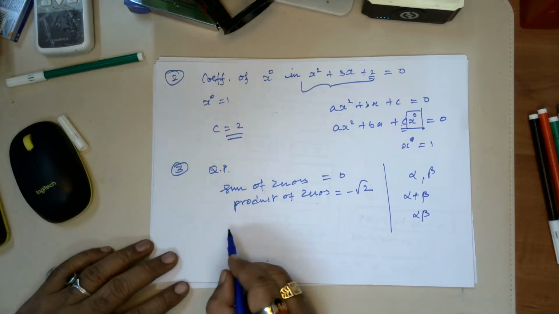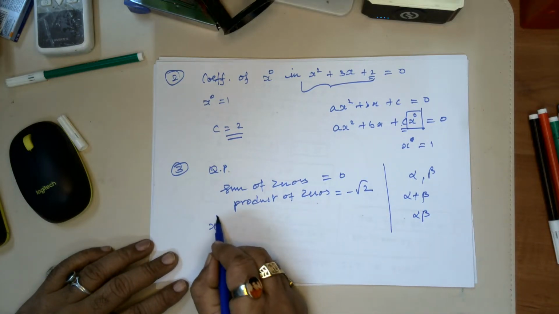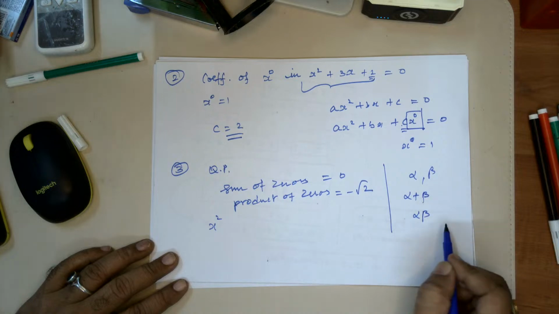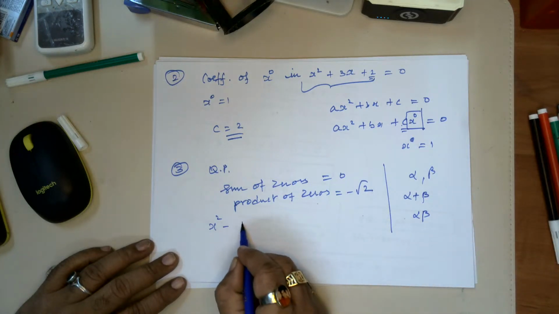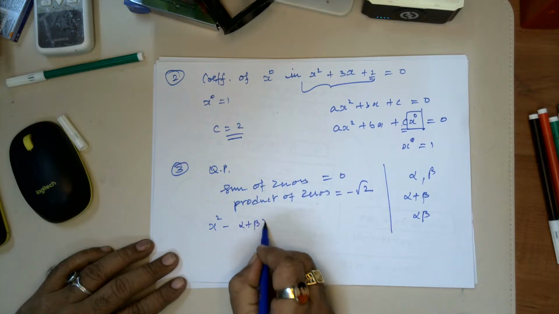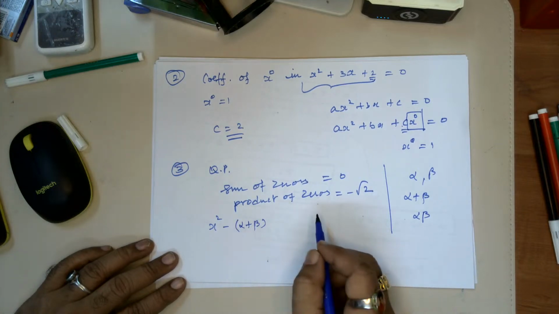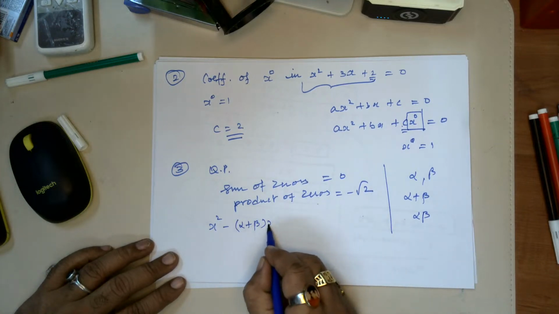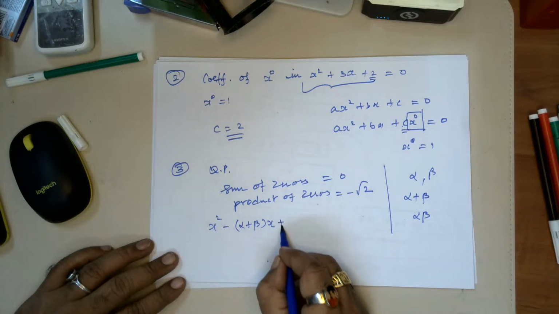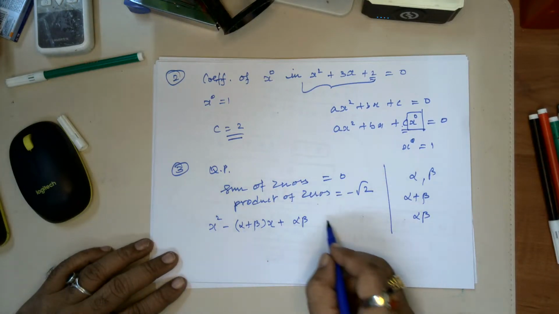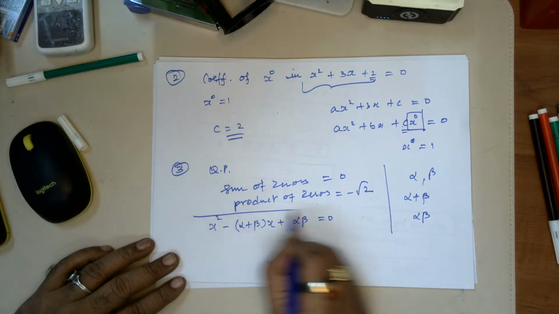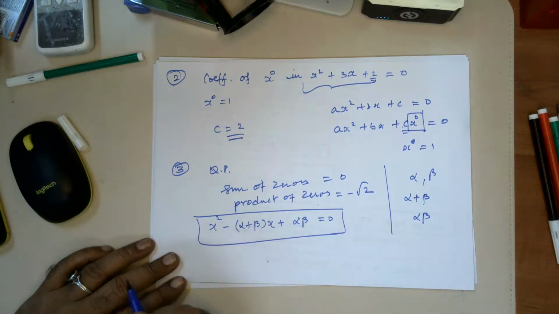So the general format of the quadratic equation based on alpha plus beta and alpha beta is x squared minus (alpha plus beta, that is the sum of zeros) x plus product of zeros, that is alpha beta, is equal to 0. So this is the general format.